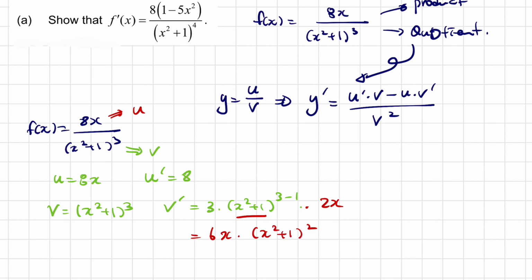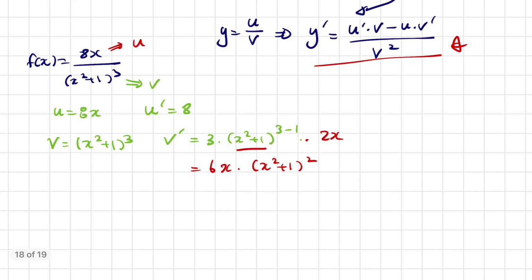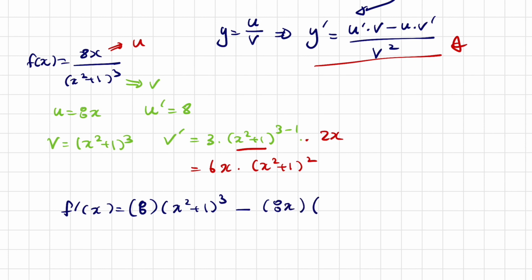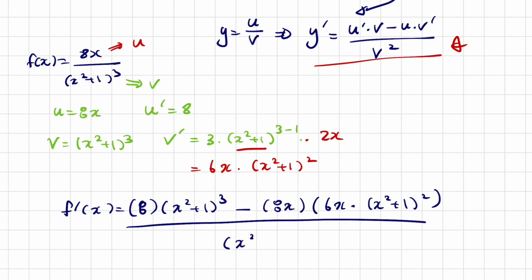Then let's use this combination to find the derivative of the function f of x. The derivative of f of x is the same as u prime, 8, times v, (x squared plus 1) to the power of 3, minus u, 8x, times v prime, which is 6x times (x squared plus 1) to the power of 2, over v squared, which is ((x squared plus 1) to the power of 3) to the power of 2.